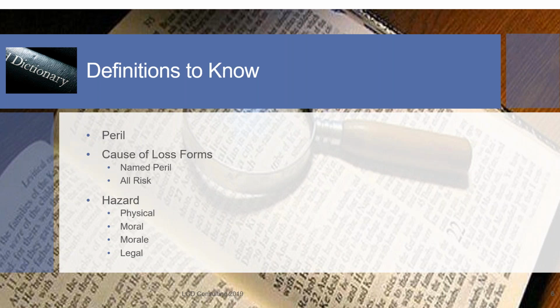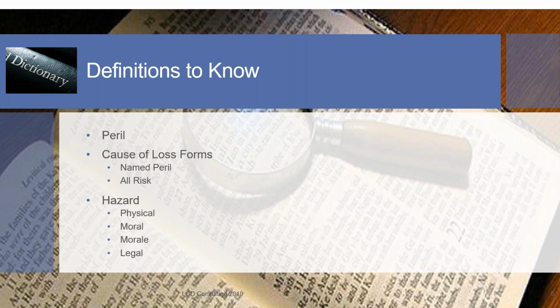Now, an all-risk form like an HO5, which is kind of the top-notch flagship type of homeowner's policy, is a special form. And when you see all risk, open peril, or special form, you'll notice it has a list of exclusions. It has a list of perils that the policy will not cover.